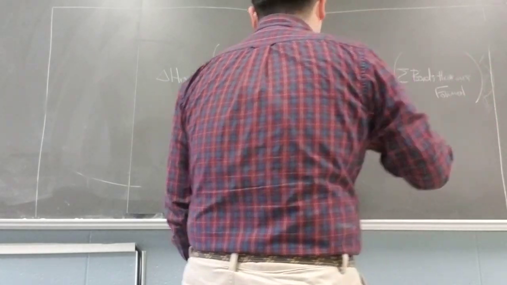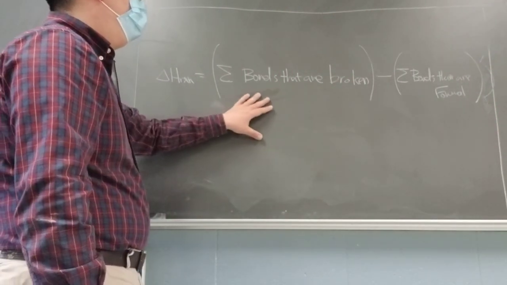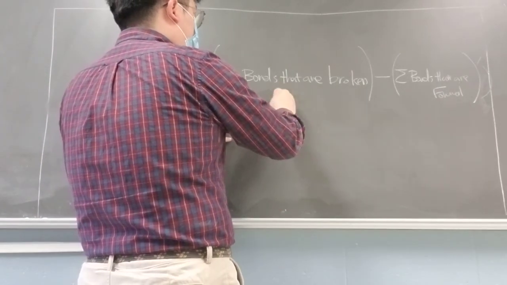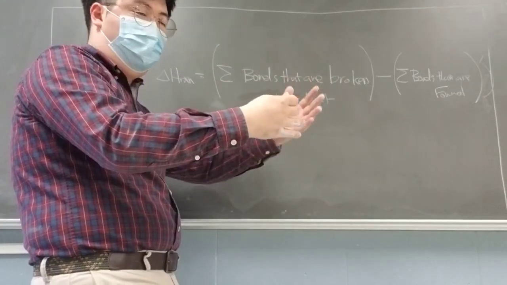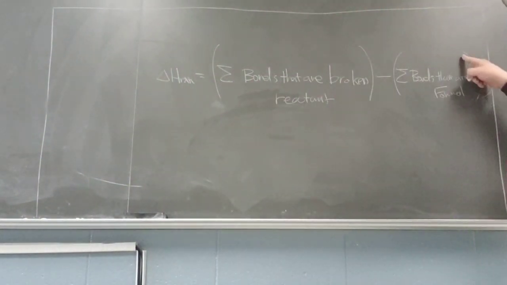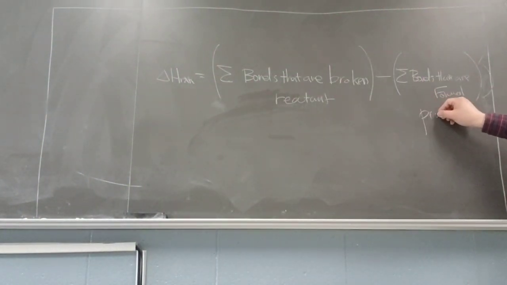Okay? So obviously this will happen where? The bond breaking happens in the reactants, right? Because the reactants will break their bonds to become new compounds. So the new bonds will be made in the products.